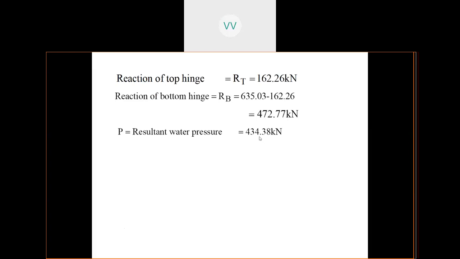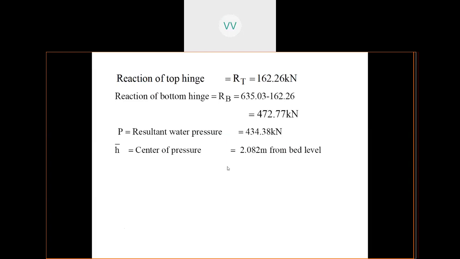Now the resultant pressure is 434.38 kilo newtons, and the center of pressure, that is H bar, is equal to 2.082 meters from the bed level.